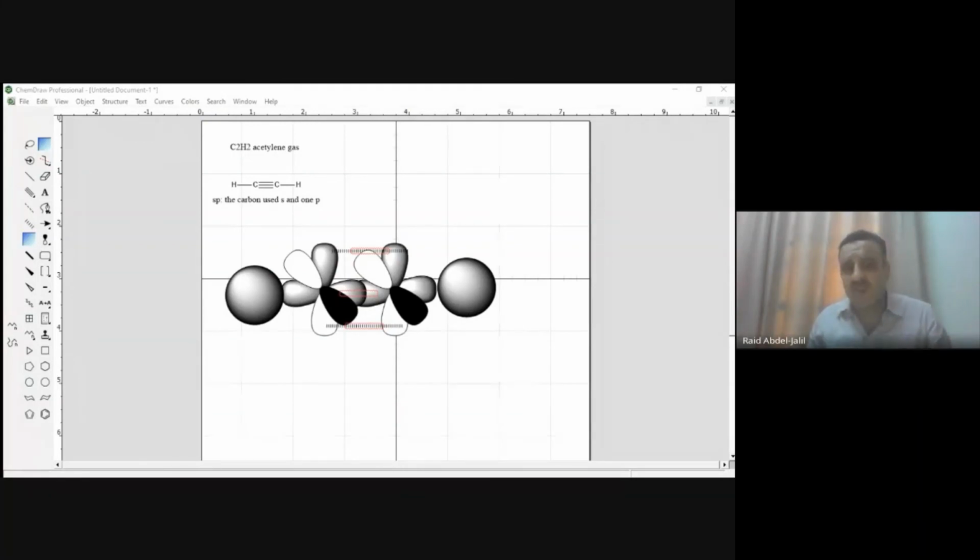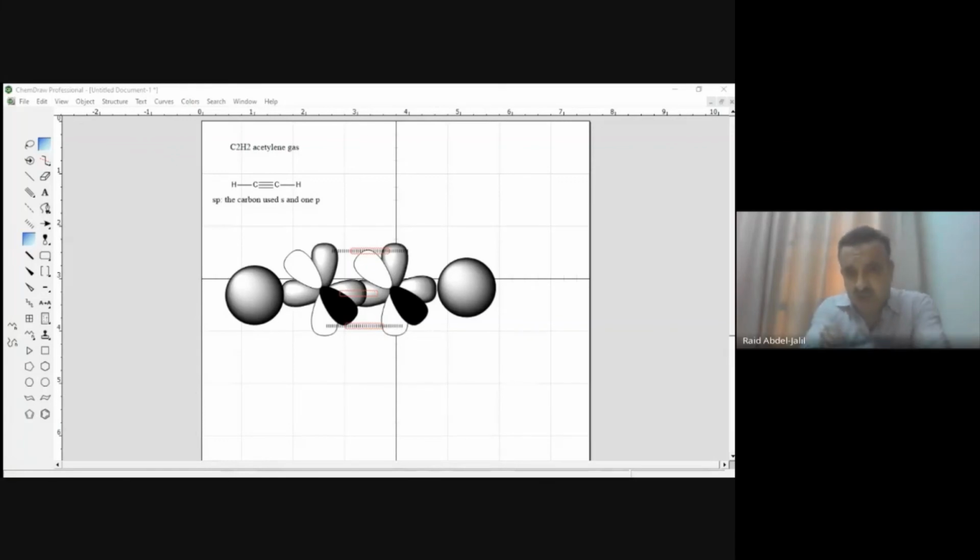Now, how are these three bonds made up? Always remember that regardless of the number of bonds between any two atoms, there is only one sigma, the rest will be pi. So in this molecule, we have three bonds between the two carbons, which means one of them is sigma, and the rest, there will be 2 pi. You can see them, the 2 pi orbitals, because the p orbitals are perpendicular to each other.